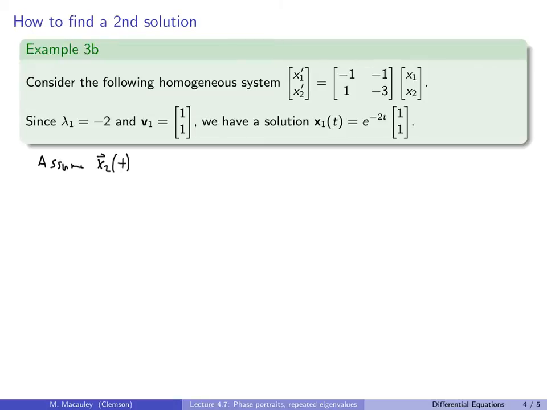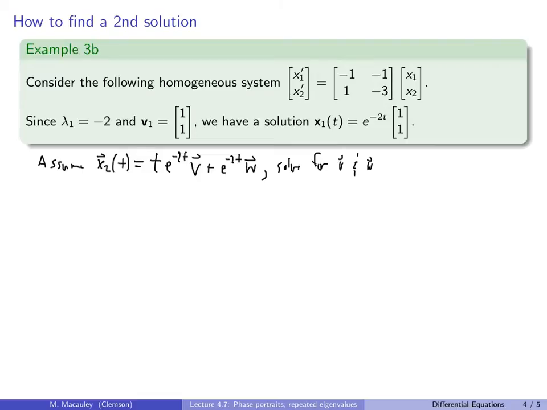So we're going to assume that x2 of t is t e to the minus 2t times v plus e to the minus 2t times w. So we're going to assume that the solution looks something like this, and we're going to solve for v and w. And that is always going to work.